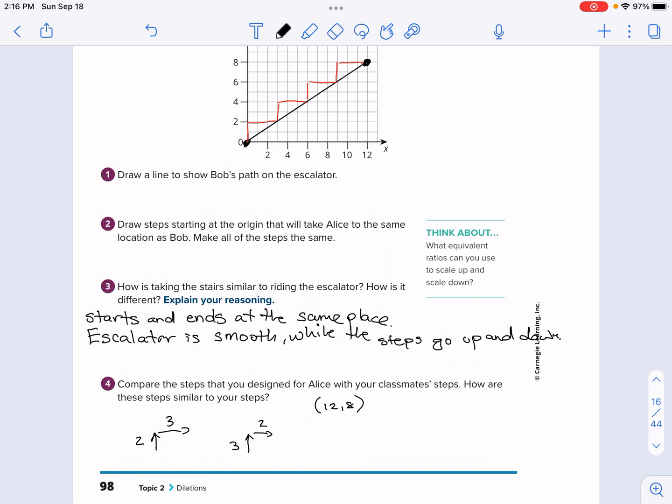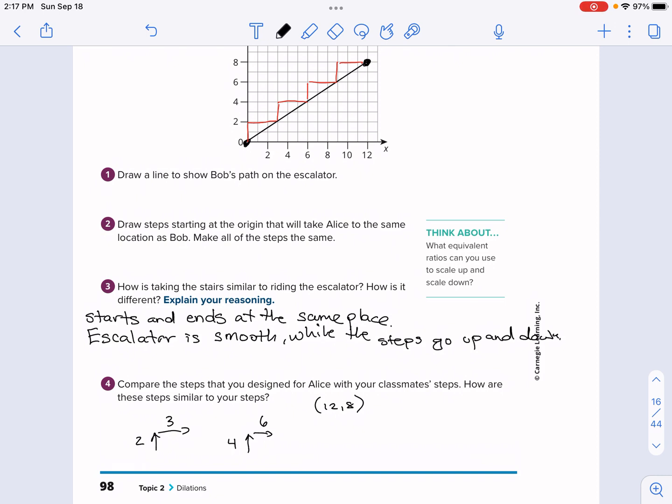Could we have done 3? No, not that, because I have to switch. We could have also done, I believe, 4 and 6. Yeah, 4 up and 6 to the right.